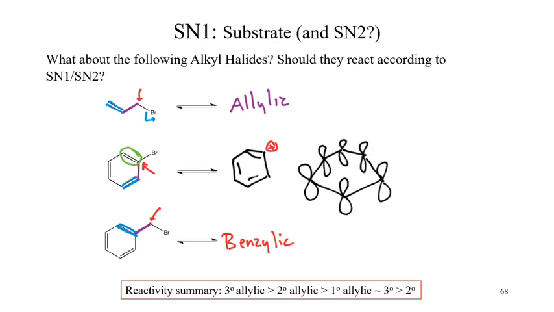When we remove that bromine from the side, that carbocation is attempting to form in a perpendicular orbital. It's in the plane of the paper, so it is perpendicular to the ring pi system and thereby cannot be stabilized by the ring pi system.